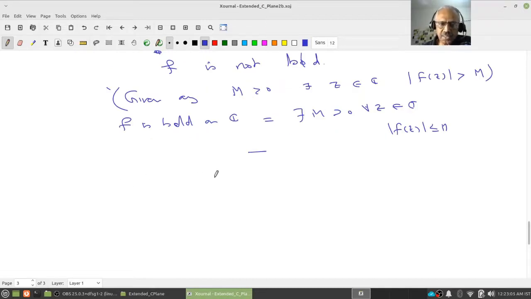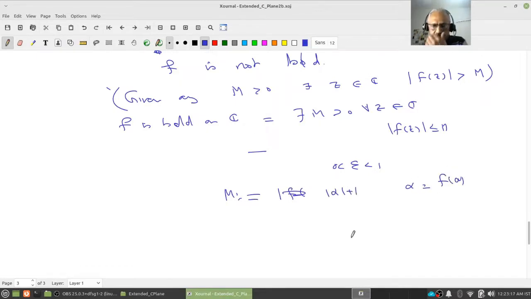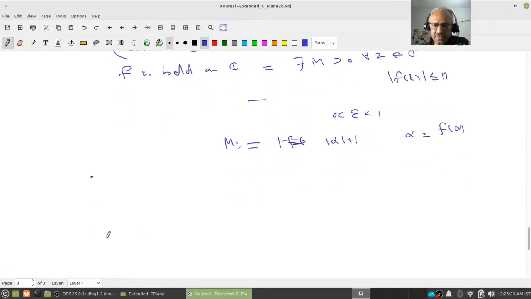Now as usual, let us look at epsilon, 0 less than epsilon less than 1. Let M equal to mod of alpha plus 1, where alpha is f(infinity). Suppose f is continuous at infinity.